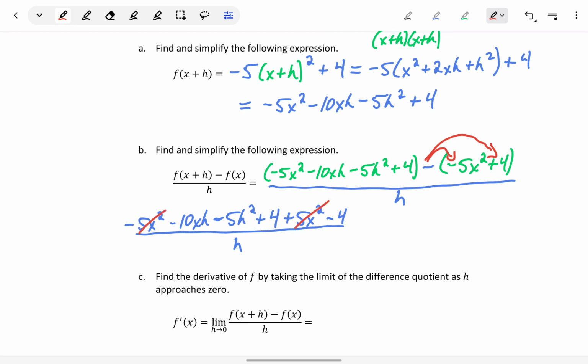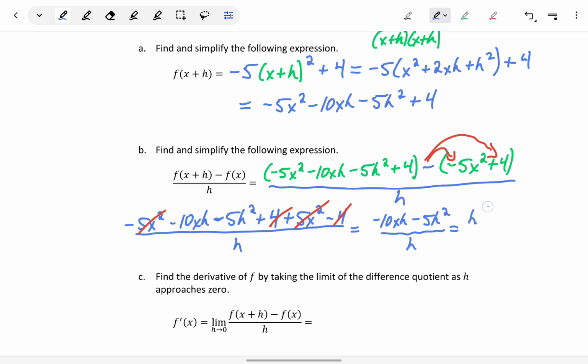Then we'll see that negative 5x squared and 5x squared cancel. So do 4 and negative 4, which will leave us with negative 10xh minus 5h squared all over h. In the numerator, we have a common factor, which is h. Actually, in this case, 5h, but really we just need to worry about the h.